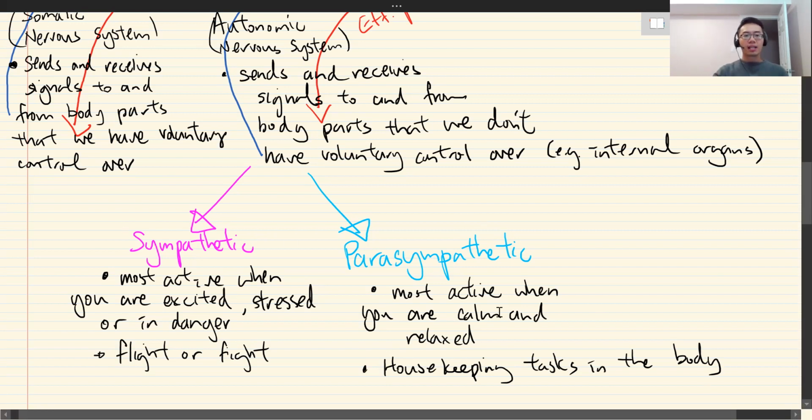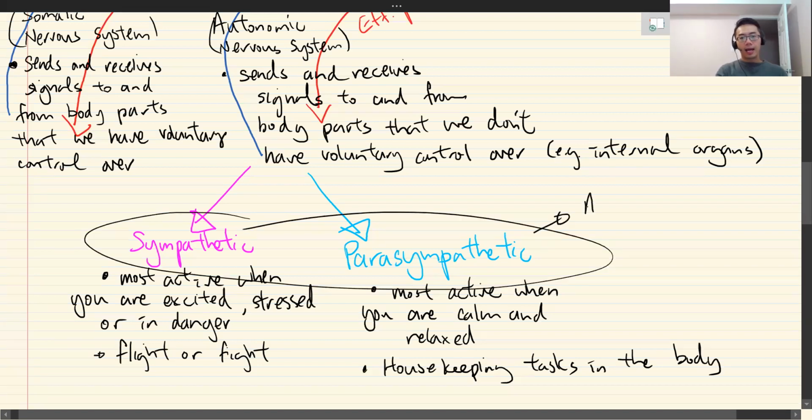So the sympathetic and the parasympathetic system actually act on the same organs or structures, but with antagonistic, opposing effects.